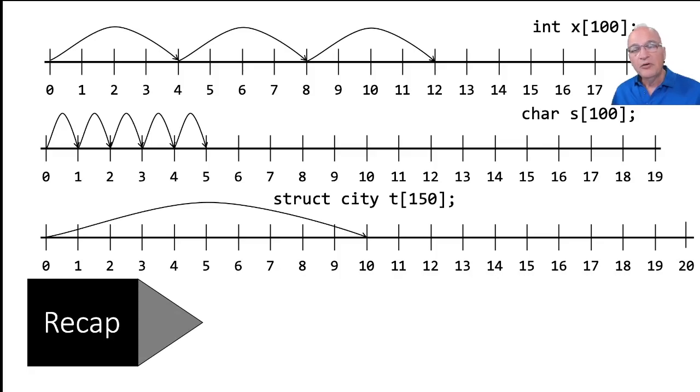For char, it will be s plus j. And for the array of cities that I have here, it will be t plus 10 times k. So this is what we had for this part of the lecture. In the second part of the lecture, we'll look into how to implement a string copy function.